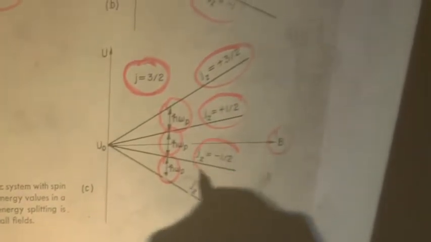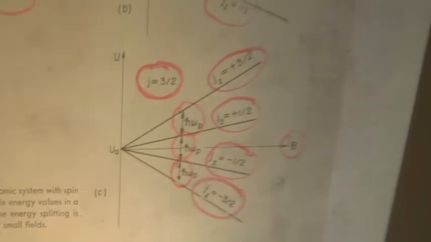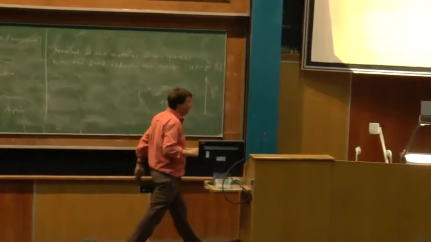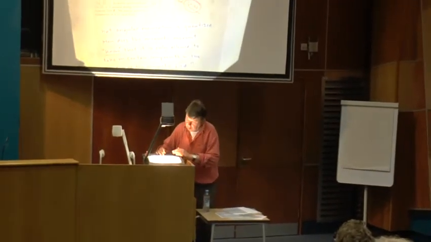If you've got a 3 halves state, you can have J is 3 halves, J is a half, J is minus a half, J is minus 3 halves. But emphatically, in any circumstances, the projection of the angular momentum onto the field axis is quantized. And so we cannot explain this in terms of the Maxwell equations alone.